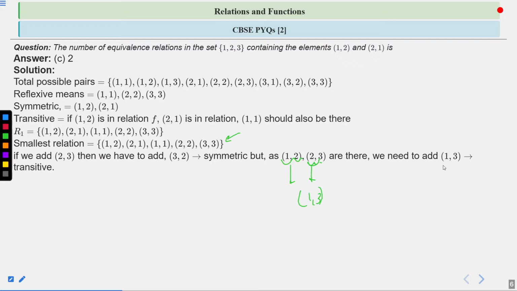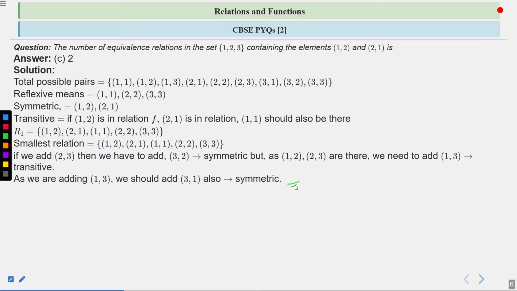Now if (1,3) has been added, then for the relation to become symmetric, (3,1) must be added, isn't it? As we are adding (1,3), we should add (3,1) also for the symmetricity condition to be satisfied, right? Okay.